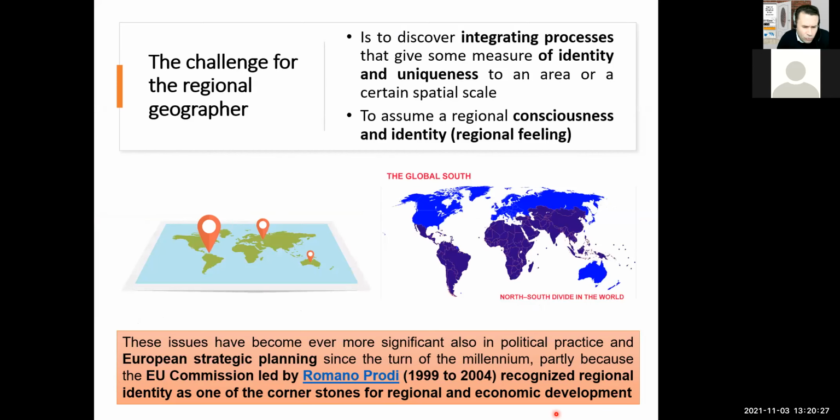Then this approach of understanding the social and cultural components of regions within the European context became stronger through some political decisions, for example from the European Commission, which started to recognize regions as a cornerstone for regional and economic development.